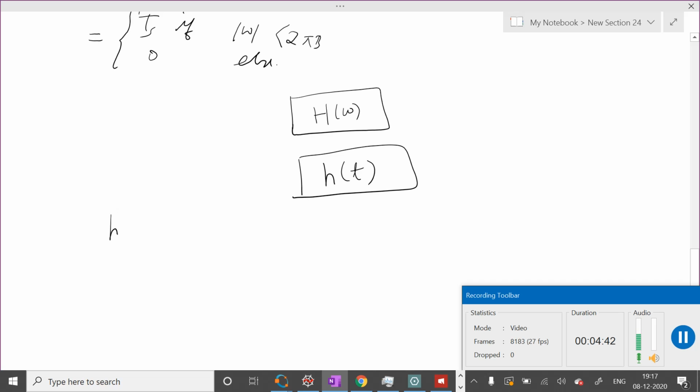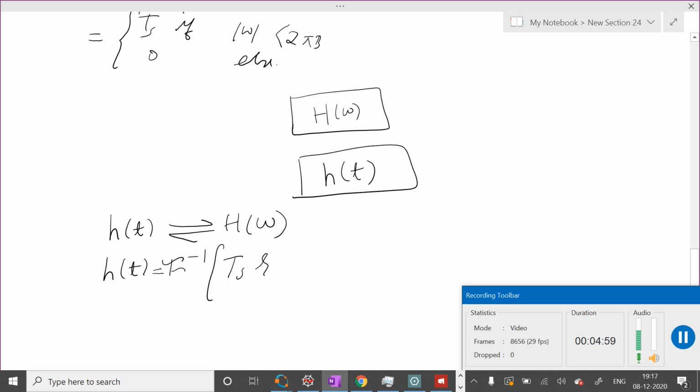You know that h of t and h of omega form a Fourier transform pair. This you know from basic signals and systems also. So h of t will be the Fourier inverse of ts rectangular omega by 4 pi b.